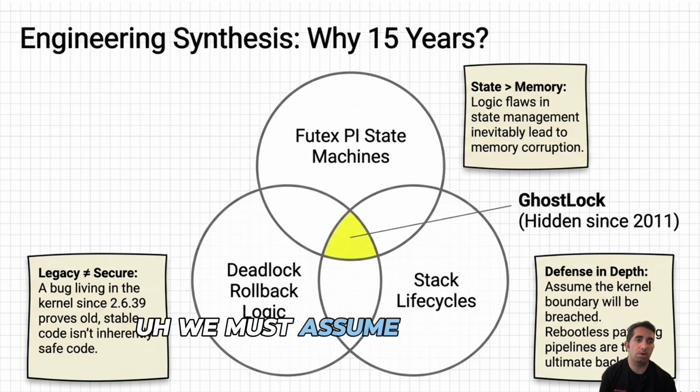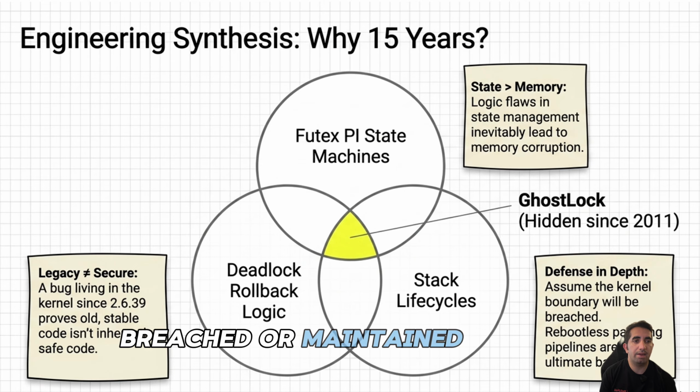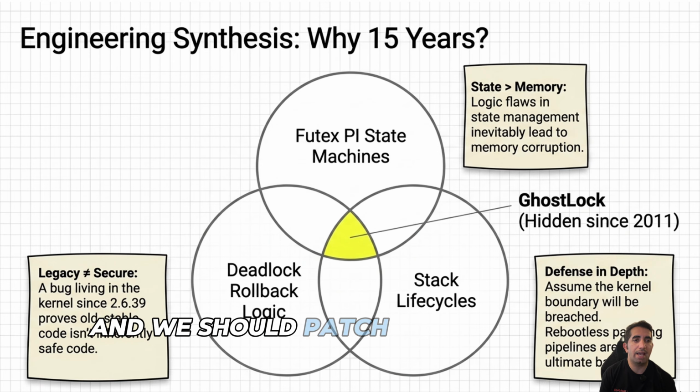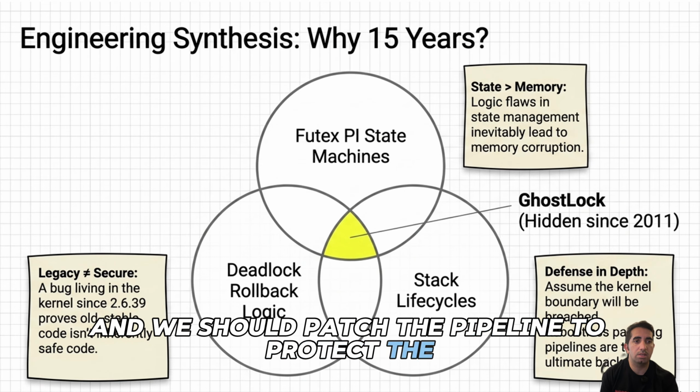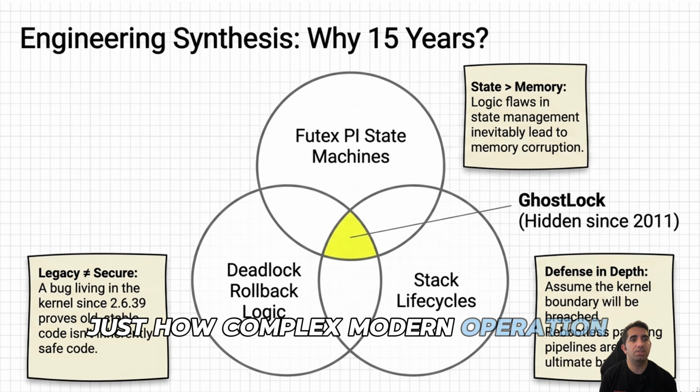We must assume our kernel boundary can be breached, maintain rapid response, and we should patch the pipeline to protect the workflow. And this is the story of the GhostLock, a 15-year-old bug that shows us just how complex modern operating systems really are.